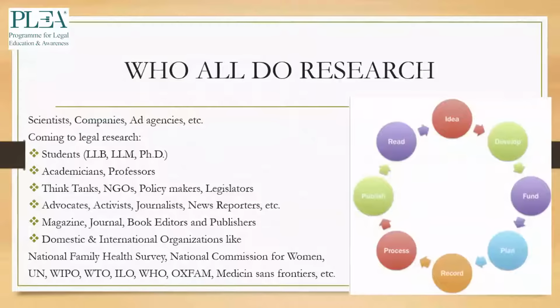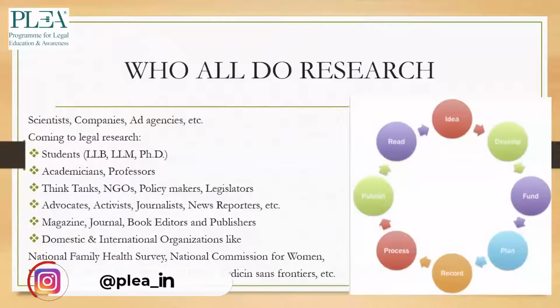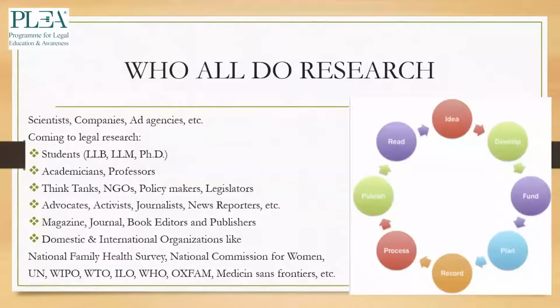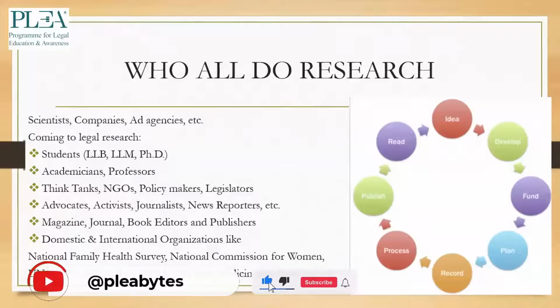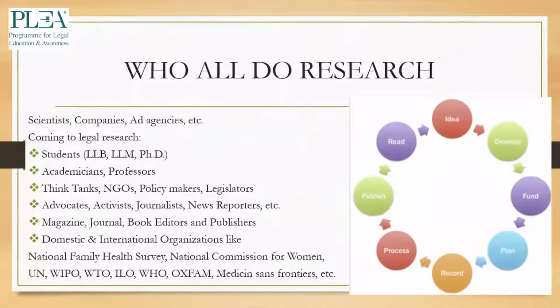So once we have gone through, we have just touched upon the different research models, the different types or methods of research. Now let us go on to who all do research. Of course, we all do research, but why do we do research? So research and its utility, as well as how is it going to benefit us. Scientists, companies, advertisement agencies, all of them do research. Okay, everybody does research for various purposes.